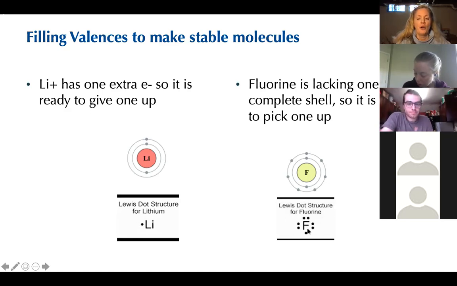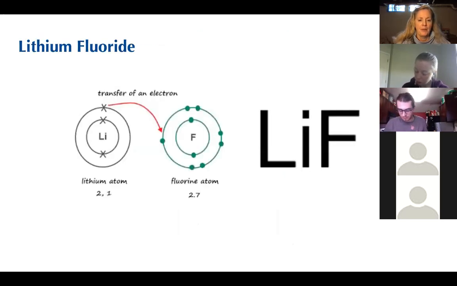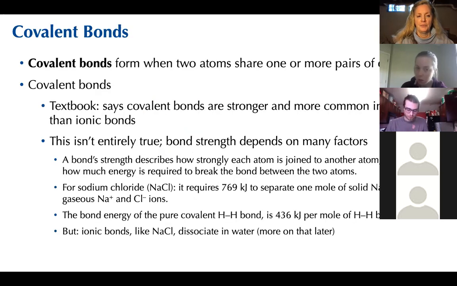And you can see fluorine with its 1, 2, 3, 4, 5, 6, 7, and then the 8th spot being unpaired right there. And that's where lithium will donate, and it will fill in that unpaired spot, okay? And this is exactly what happens, it transfers the electron right there, and then lithium fluoride forms because lithium is now positively charged and fluorine is negatively charged.